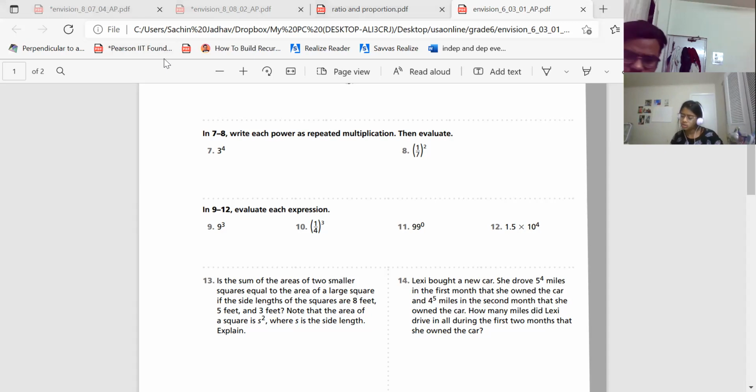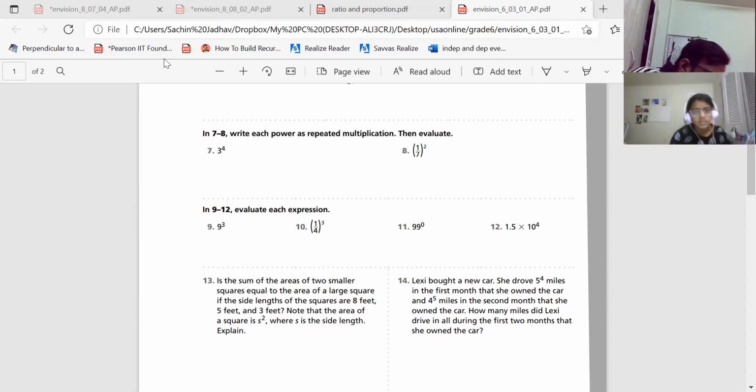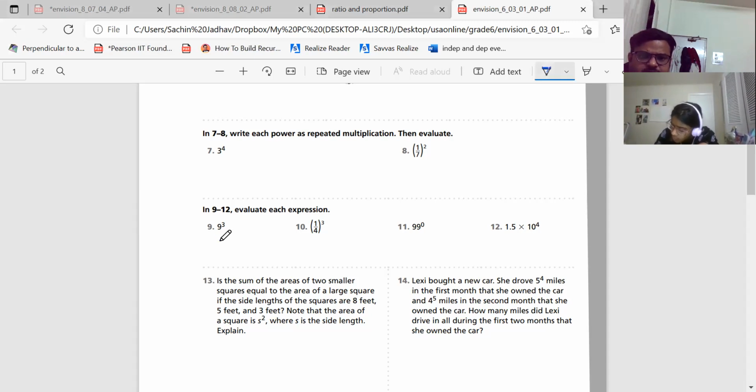Sir, I don't understand the ninth question. Here 9 raised to 3 is there. That means 9 times 9, you have to multiply 3 times. Here 1 over 4 raised to 3 is there.